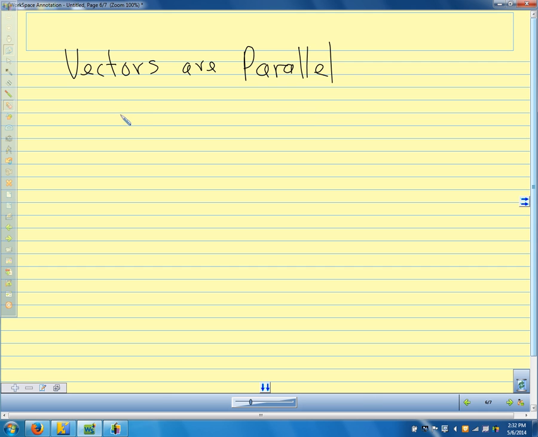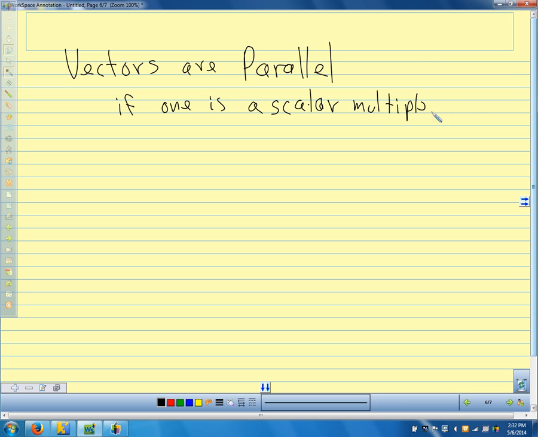Two vectors are parallel if one is a scalar multiple of the other. So we're saying u equals some scalar times v. So all we're doing is, our vectors are parallel if we can multiply one by some number and get the other.